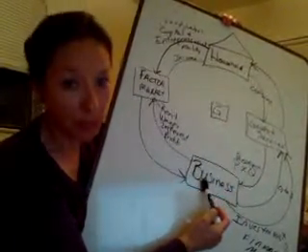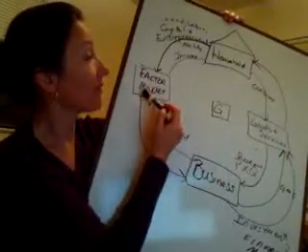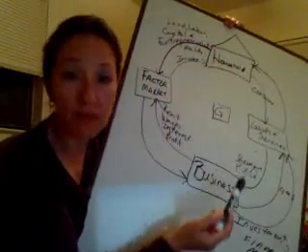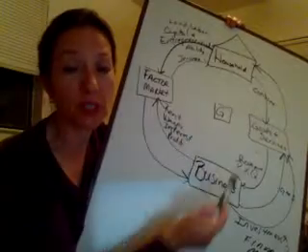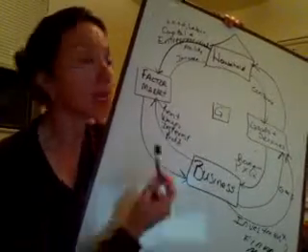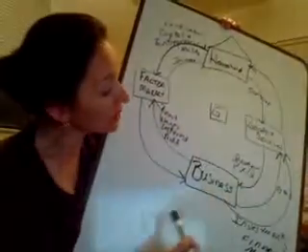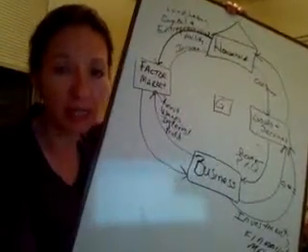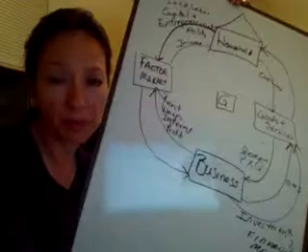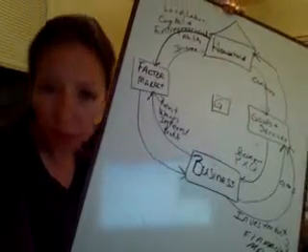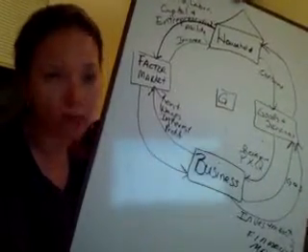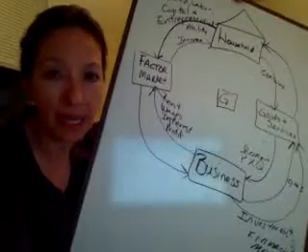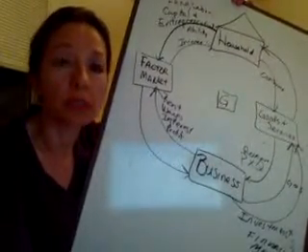Businesses stop producing products, then they have to lay people off and fire them. And so basically we have a situation of unemployment. So in the 1930s, or before the Great Depression, the businesses were just expected to take care of themselves. There was no such thing as government becoming involved, and there was no unemployment insurance or Social Security or Medicare or Medicaid. Basically, people were on their own.